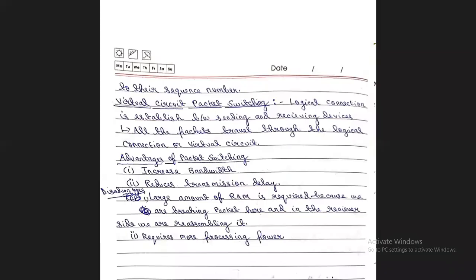So this is the type of packet switching mechanism. Now, what are the advantages of packet switching? It increases the bandwidth and reduces the transmission delay. Reducing the transmission delay means that packets can take different routes to reach the destination. So the transmission delay doesn't occur because there is no traffic.